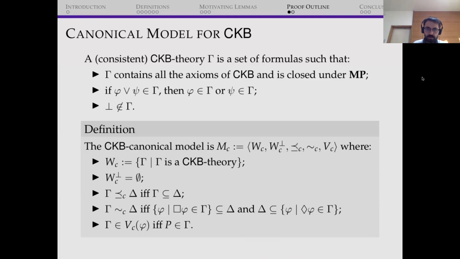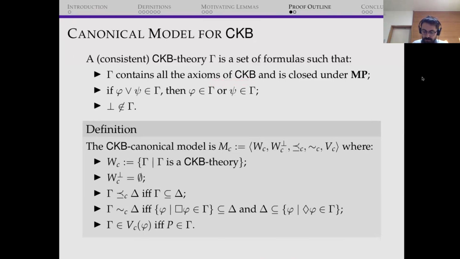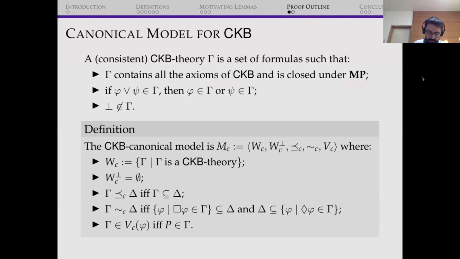We're going to build worlds using consistent CKB theories. A CKB theory is just something containing all the CKB axioms and closed under modus ponens. It is consistent, and if a disjunction is there, one of the disjuncts is there. So it's different from the classical modal logics: we do not require maximality, but we require some amount of closure. And the model is essentially this. CKB theories are the worlds, with no fallible world because we're considering the consistent ones.